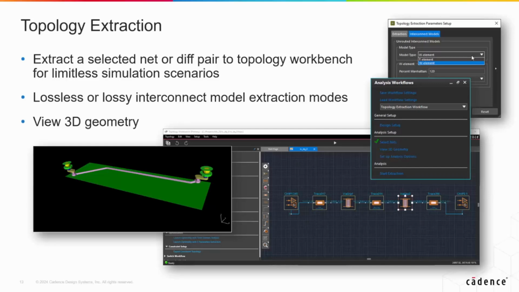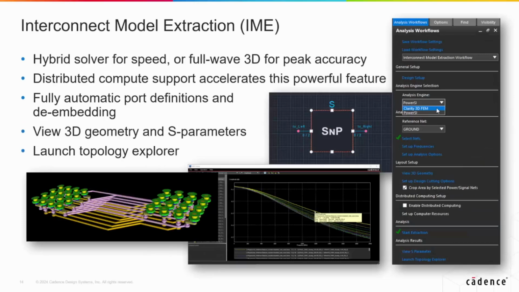Additionally, the View 3D Geometry feature allows the user to quickly preview the selected interconnect before it is extracted. Prior to the Aurora workflows, full-wave 3D interconnect model extraction was a disconnected and confusing process. The interconnect model extraction workflow allows any APD user to perform this task.